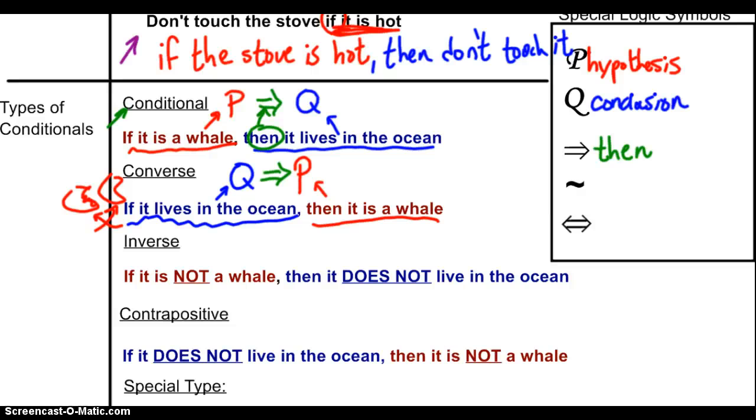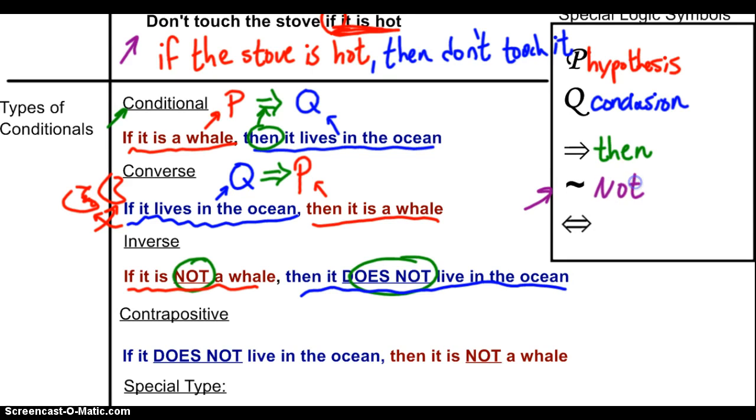What about an inverse? Well, an inverse is the same as a conditional, except it's got this extra word, these nots. So an inverse reads, if it is not a whale, then it does not live in the ocean. Those are called negations, or nots. In this little shorthand, not uses this little squiggly line, this tilde.